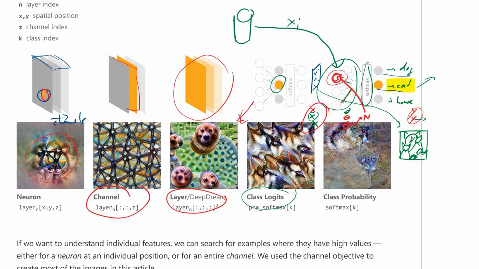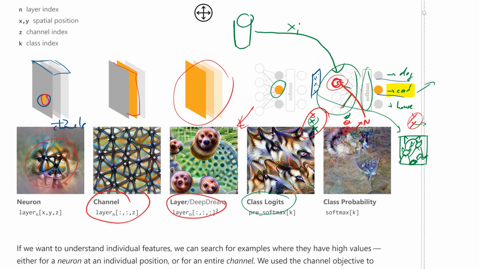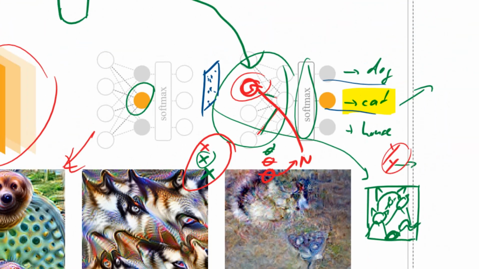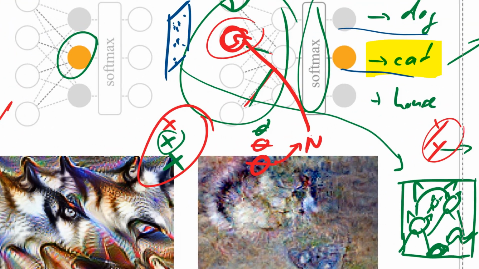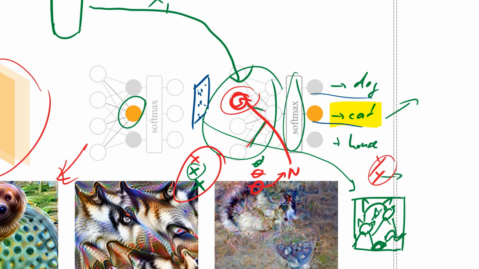They say that works best. So what does that mean? It means that here, if we optimize X and try to maximize the activation of N, we don't want to do X by itself, but we want to do an entire set of Xi.